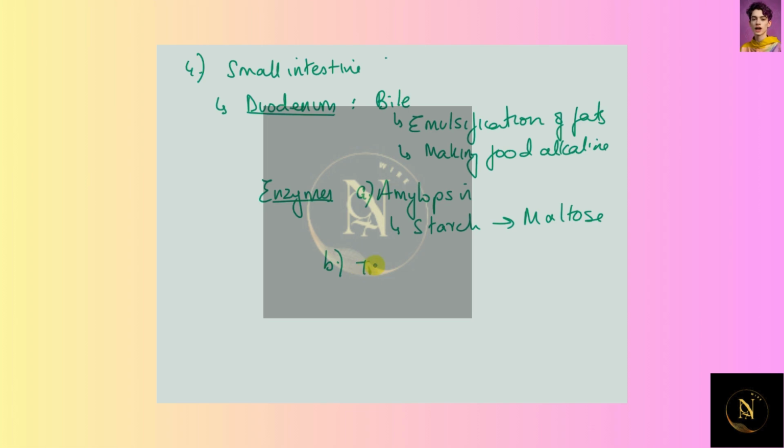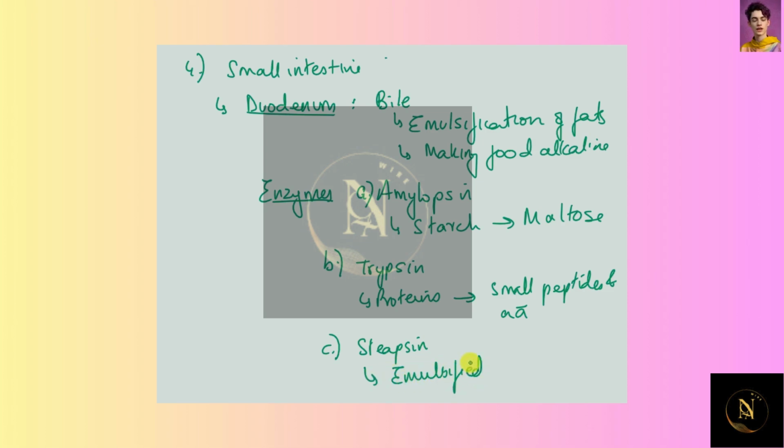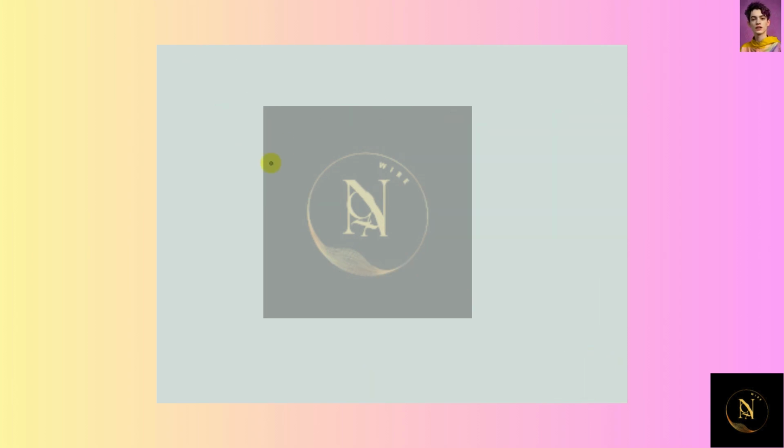The next enzyme is trypsin, which acts on proteins to give small peptides and amino acids, and it also produces steapsin, which acts on emulsified fats to produce glycerol and fatty acids.